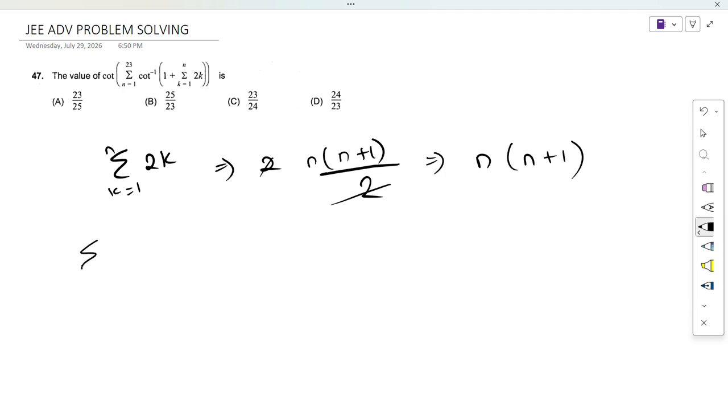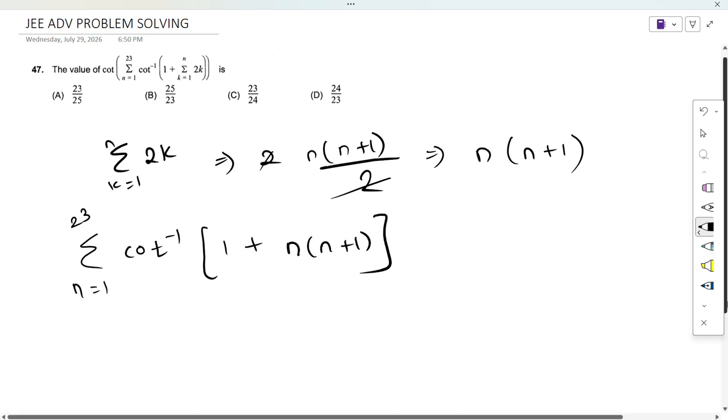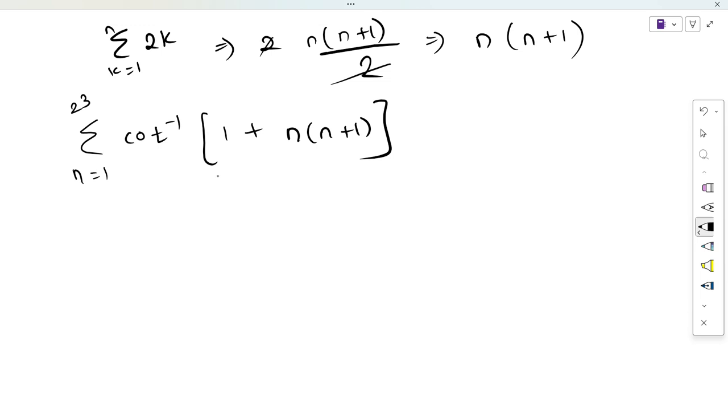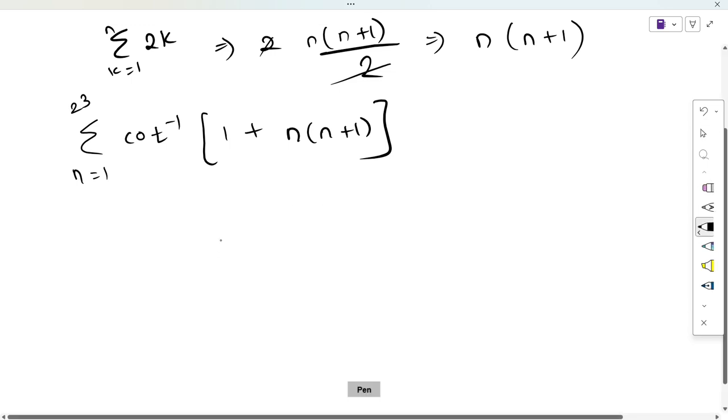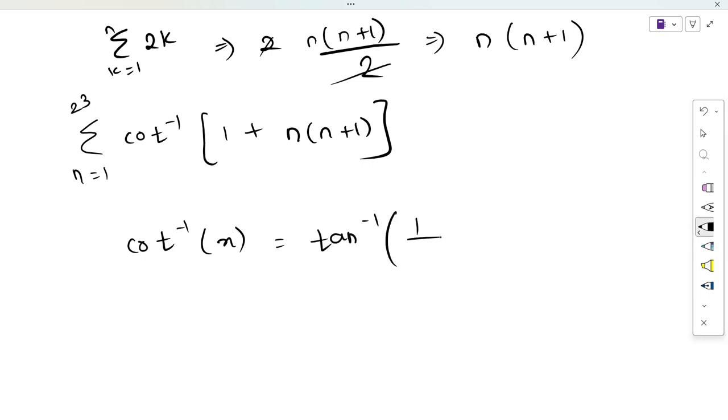Now let us see the outer summation, which is from n equal to 1 to 23 cot inverse 1 plus n into n plus 1. Now when the value we put inside cot inverse is greater than 0, we use an identity which is cot inverse x is equal to tan inverse 1 upon x.